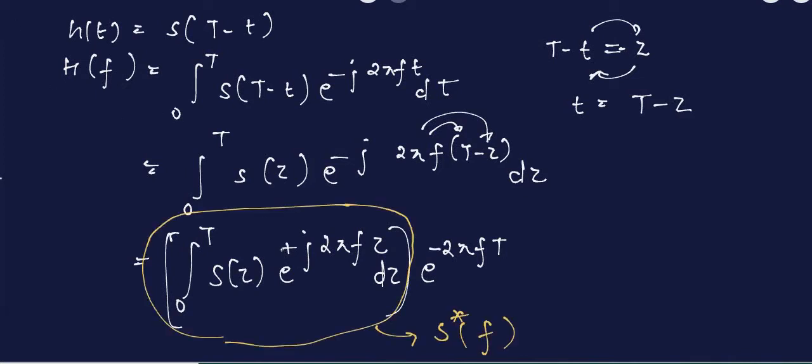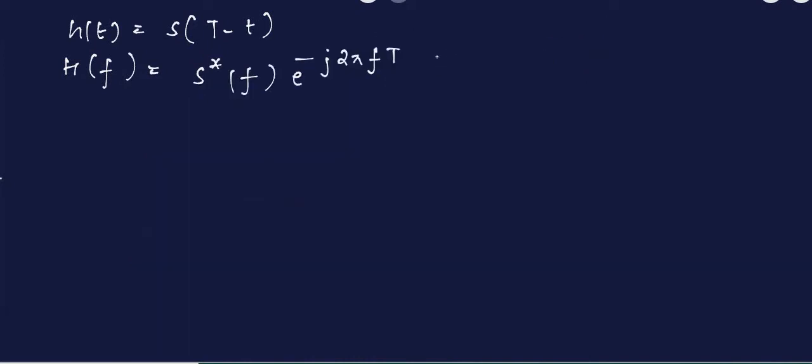There was a mistake in the sign here, so this is plus and this is minus. After this, I have assigned the value of this integral as S conjugate(f), and so I have simplified the equation as this. Now I have calculated this expression.